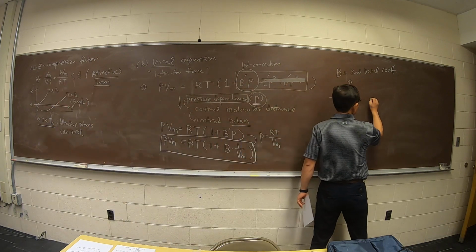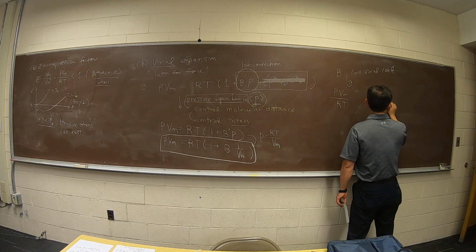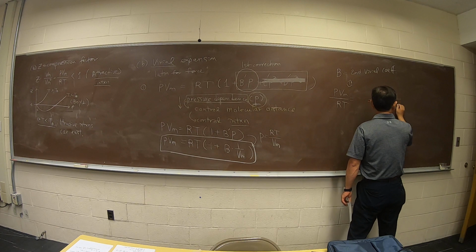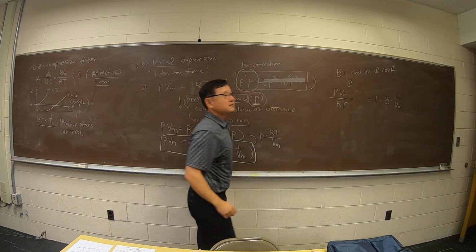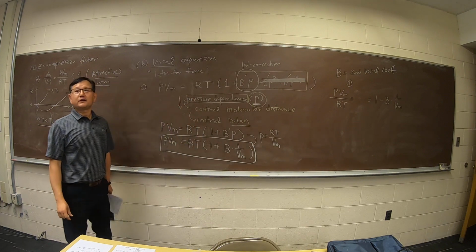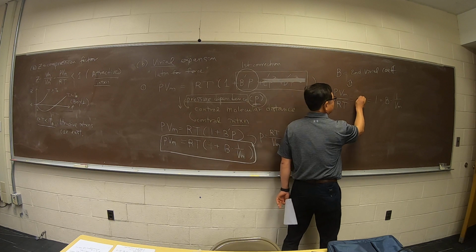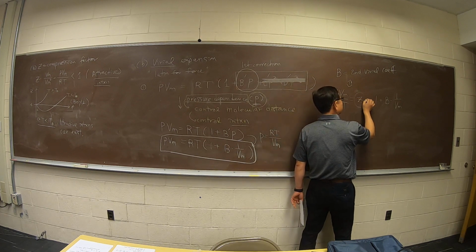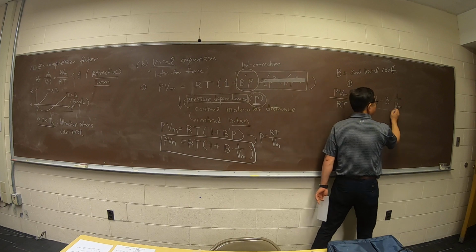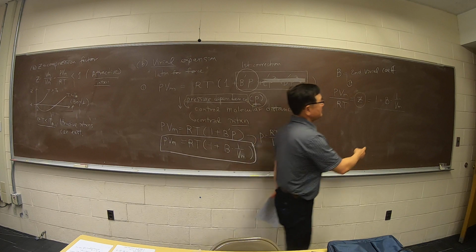I'm going to leave this one blank, and this one is 1 plus the second virial constant times the... You know what this value is? We just talked about this. Yeah, that's the compression factor, right? So instead of dealing with the compression factor, we are talking about the compression factor's dependence on essentially 1 over molecular volume.